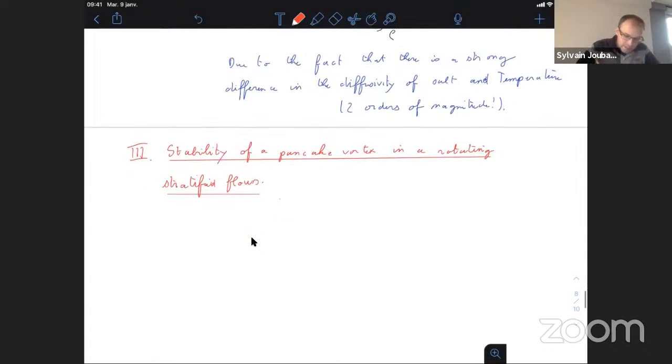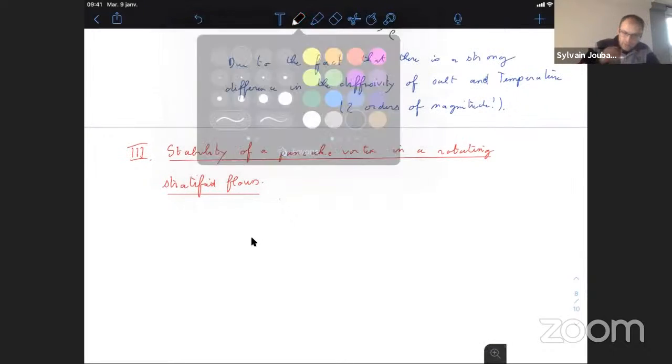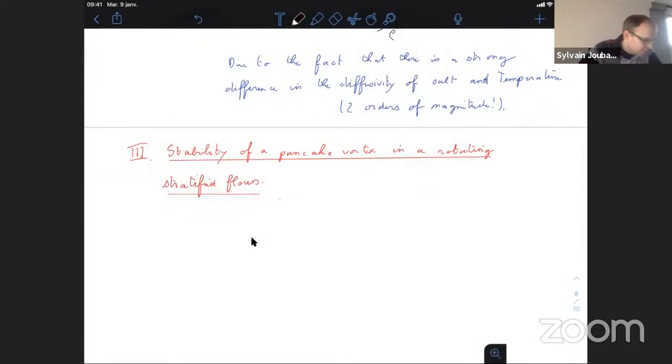One of the goals of this section is to see that stratification and rotation have common points and also some differences. And here we can see that there is a competition between stratification and rotation in this study.